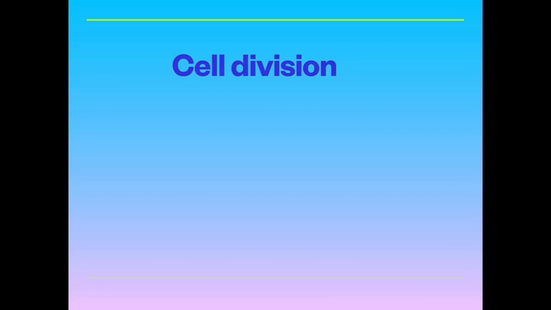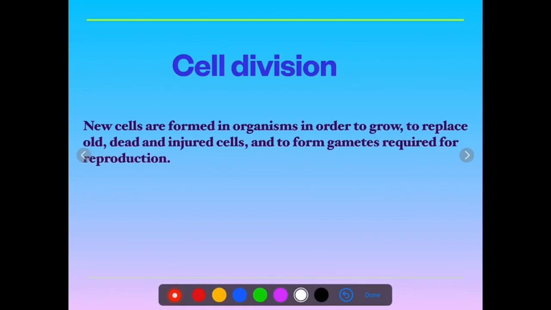Now what is this cell division? It means a cell can divide. Why does a cell divide? Why does it need to divide? New cells are formed in organisms in order to grow and replace old, dead, injured cells, and also to form gametes required for reproduction.